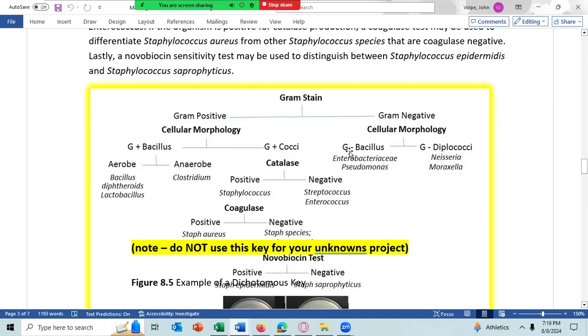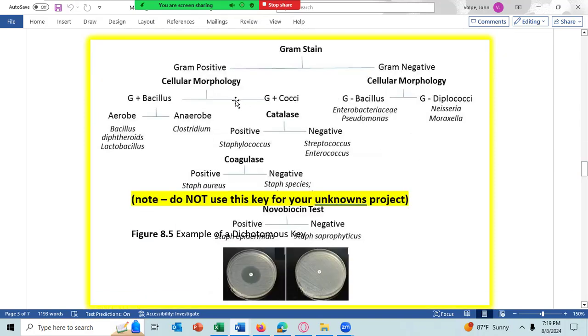Now, let's say it's gram-positive, so we can scratch these out, and then we can do another test underneath the Gram stain, and we can look at the cellular morphology of the cells. If the cells are bacillus, then they split this way, and if they're cocci, they split that way.